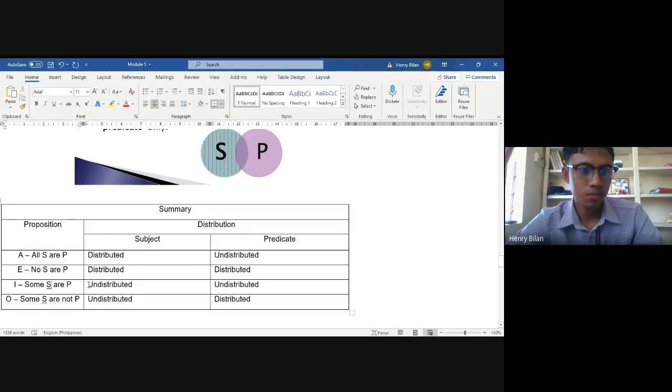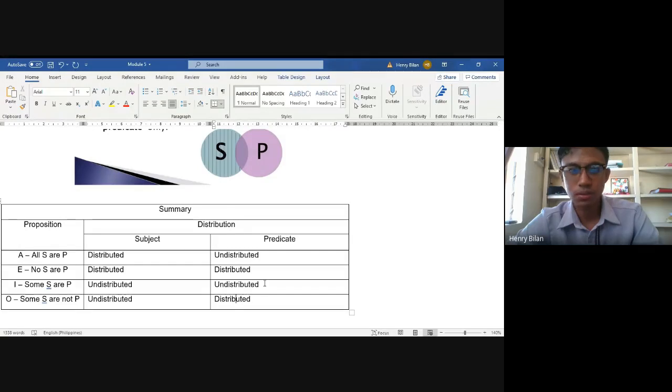The subject is undistributed because it does not include or exclude all the S's. And same with P. It is also undistributed. For the O proposition, the subject is undistributed, but the predicate is distributed. So again, we say that a term is particular if it is undistributed, and we say that it is universal if it is distributed.